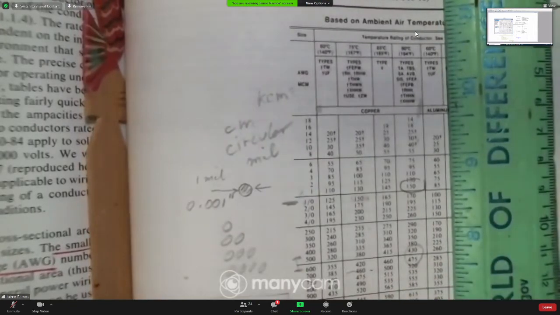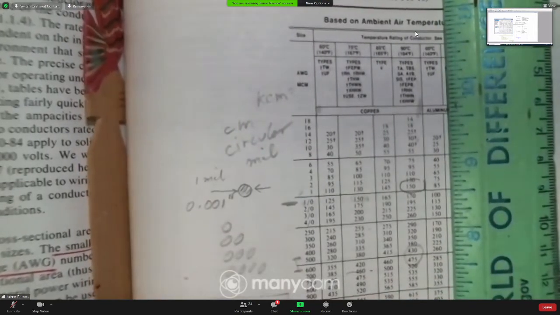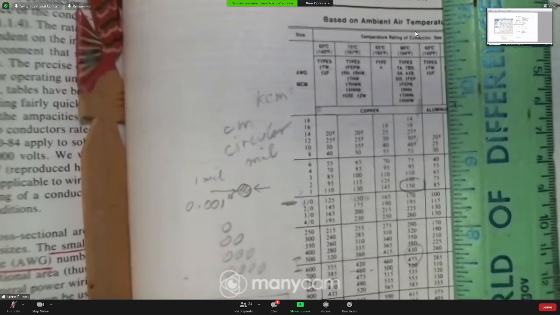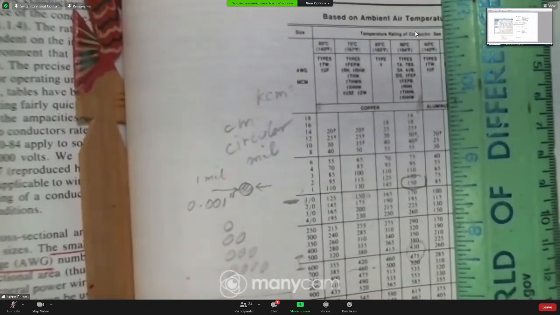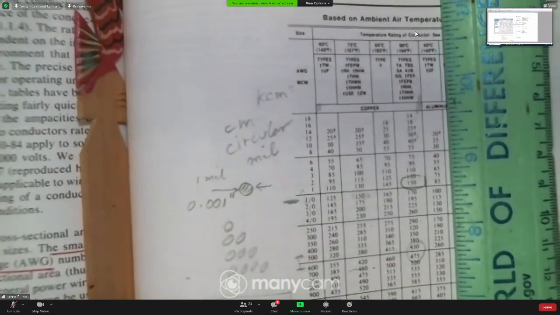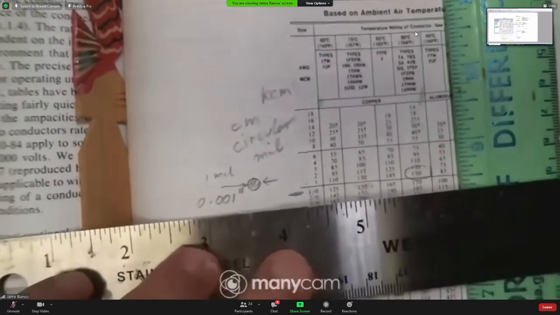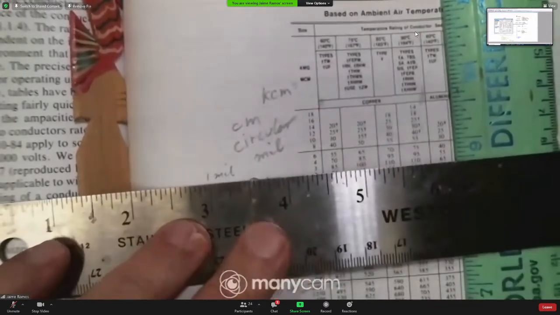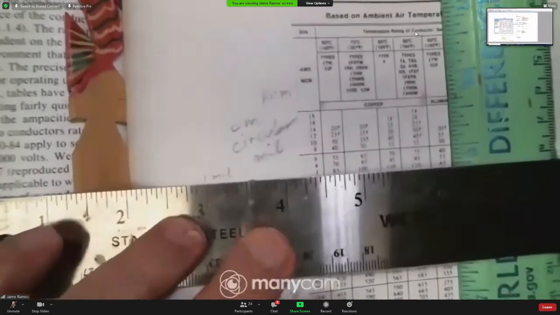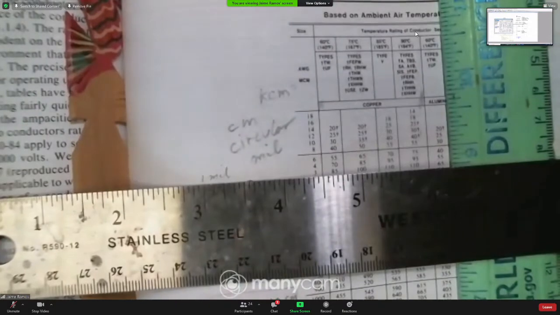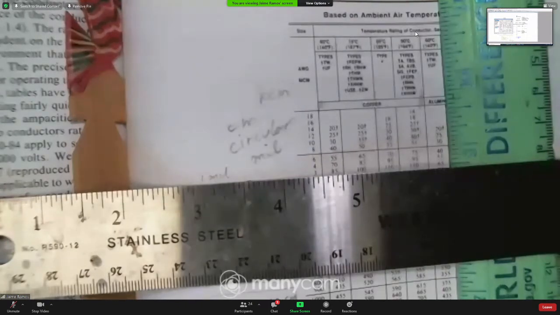And then find 96 amps. So let's find 96 amps here. Right there. That's 95 amps. Almost 96. And what cable is that? The AWG is, it says number.